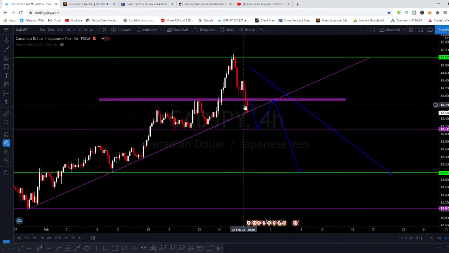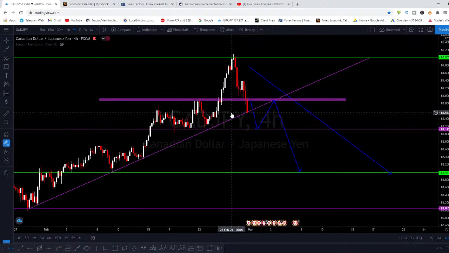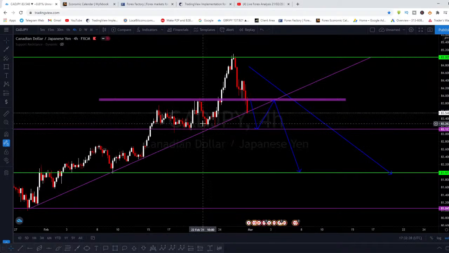You know that we have market structures and we have market patterns. So this is going to be a market pattern, not market structure. Market structure is what we refer to as uptrending market, downtrending market, and ranging market. So now it will create what we refer to as a market pattern, being the head and shoulders pattern.